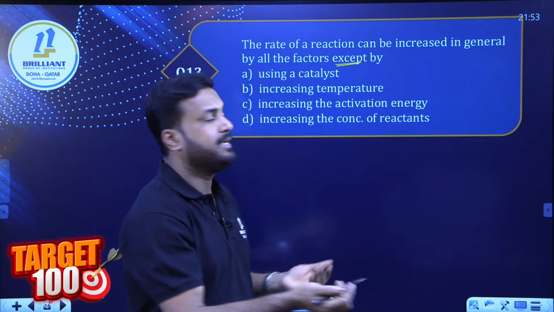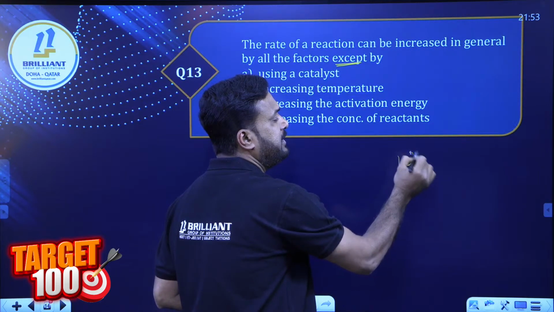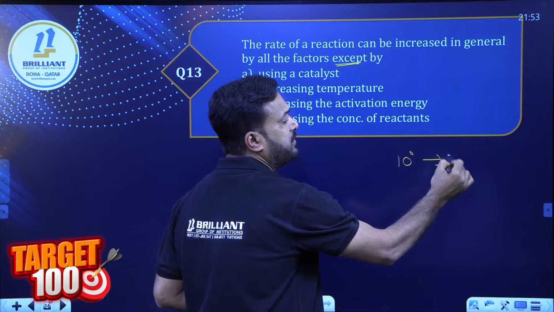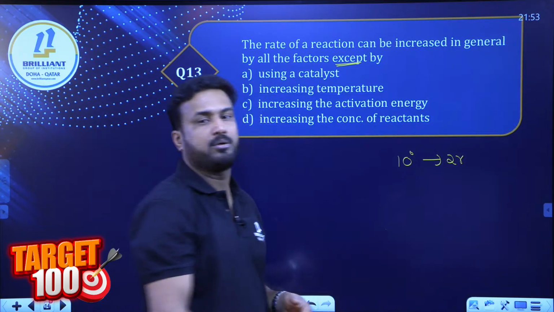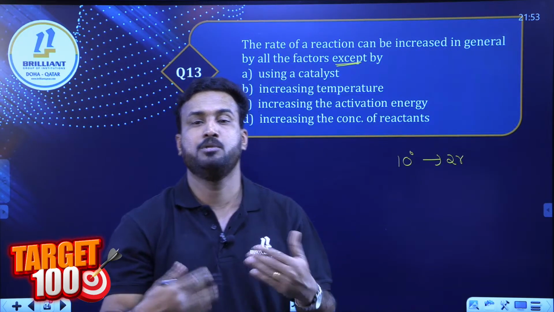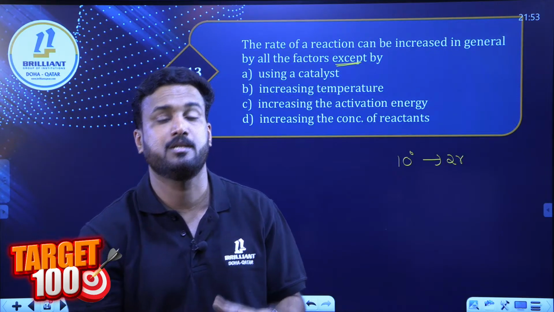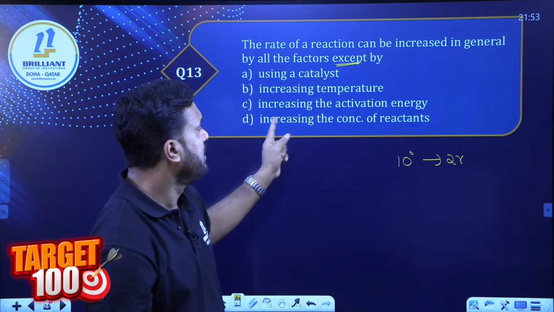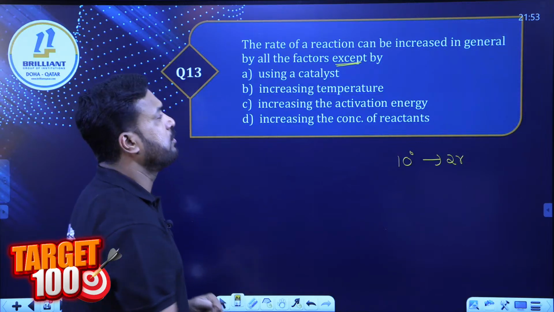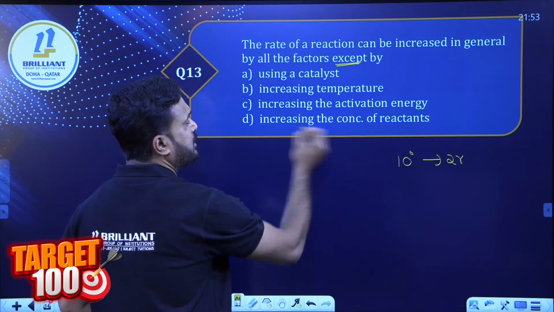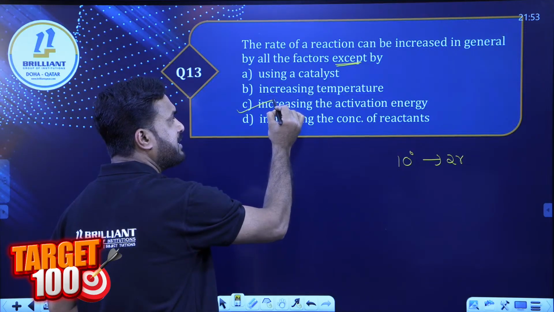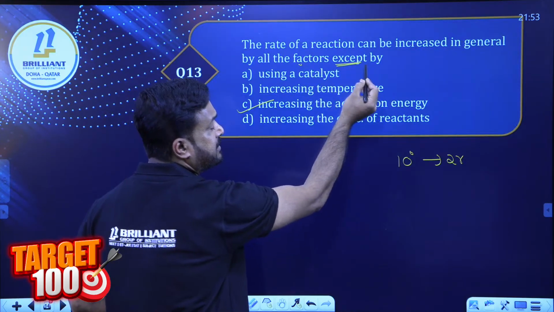For every 10 degree rise in temperature, the rate of reaction will double. Increasing the activation energy, wrong. Increasing the concentration of reactants will increase the rate. So this is our correct answer, because they are asking except.